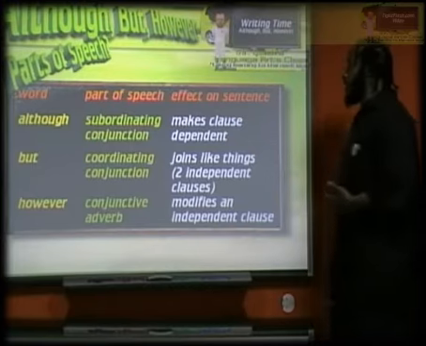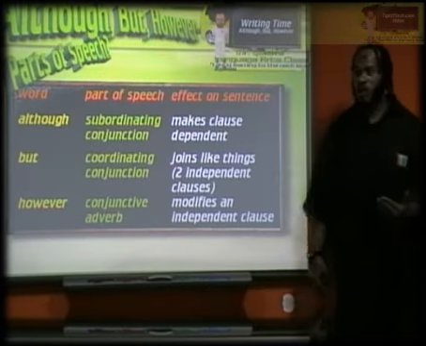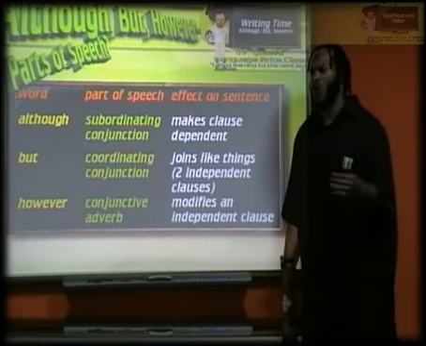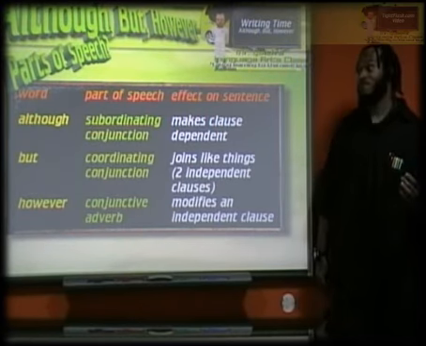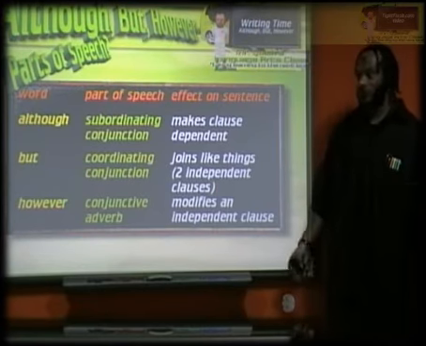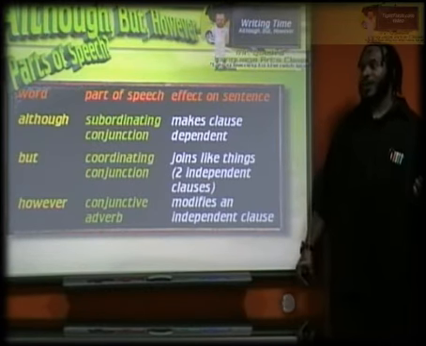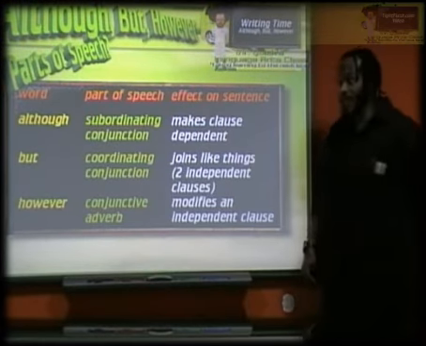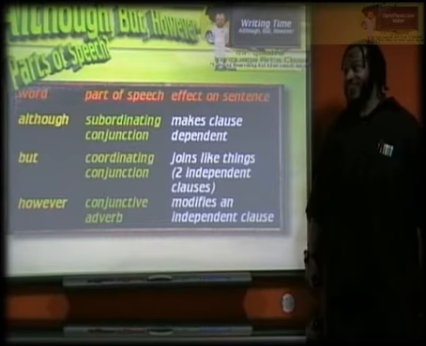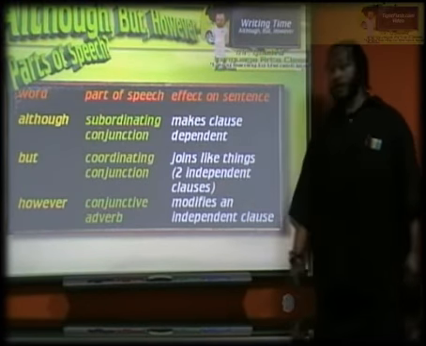Although is a subordinating conjunction, and I want to take a pause here. Although has a friend, a sister, a brother, I don't know yet. And that word is even though. Even though. It is also a subordinating conjunction.